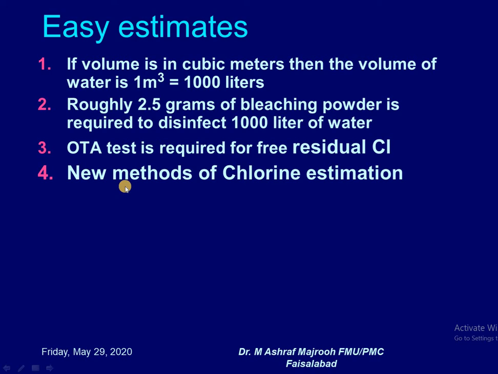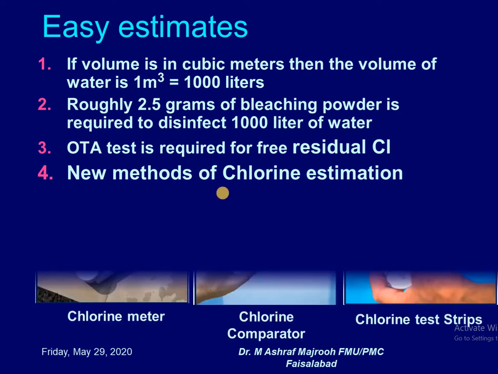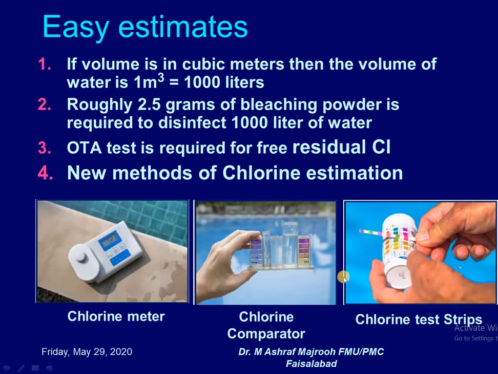And there are some new methods, rather than the Horrocks apparatus method, that can easily and quickly estimate the chlorine and the residual chlorine. These are the chlorine test strips and color matching, like glucose testing.